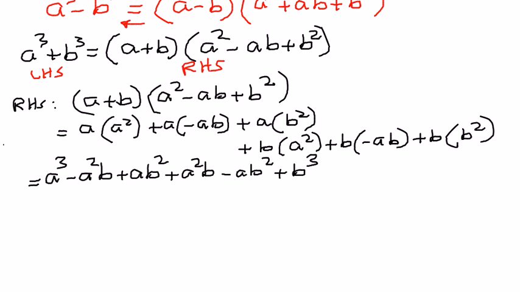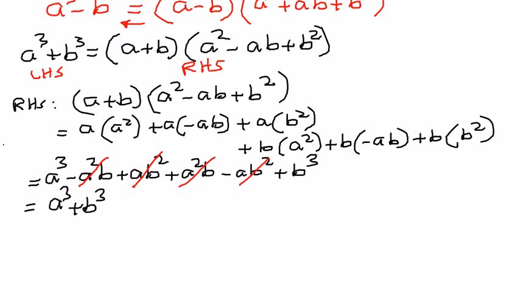Now we will look for similar terms to combine, or terms which are equal but opposite in sign, which we can cancel. So we have a squared b, negative a squared b and positive a squared b. So these two cancel out. We have a positive ab squared and then negative ab squared. These two cancel out, leaving us with a cubed plus b cubed.